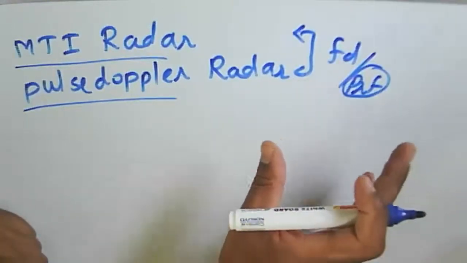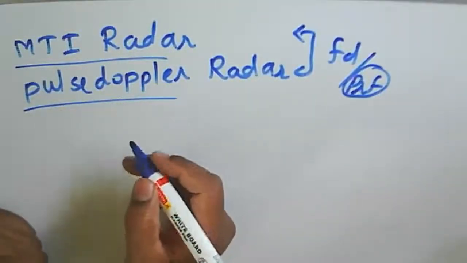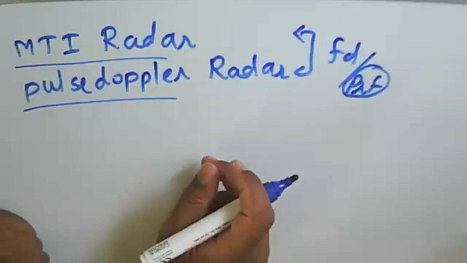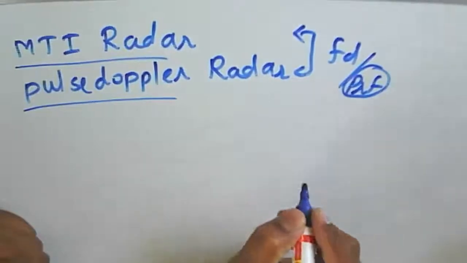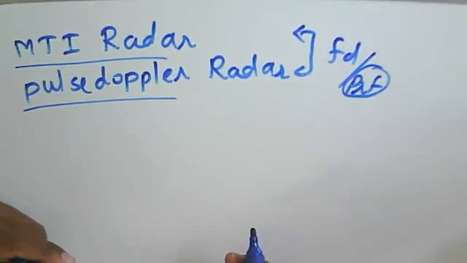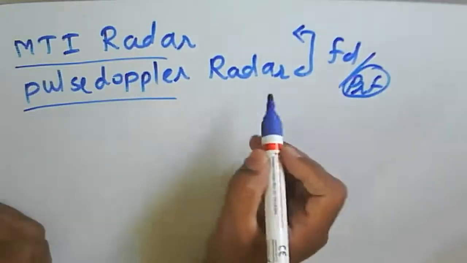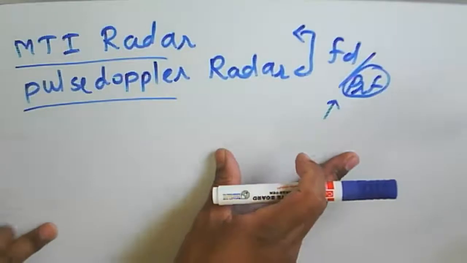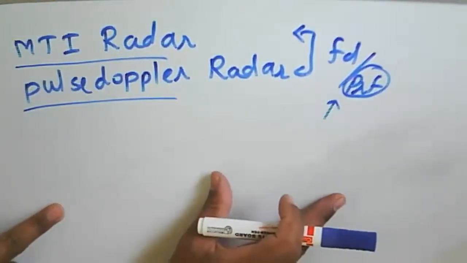If you overcome this limitation, MTI radar is better to detect the moving target, and we can remove the blind speed or blind targets. So for improvement in MTI radar with the given PRF, we consider various values of PRF to avoid blind speed from the moving target.